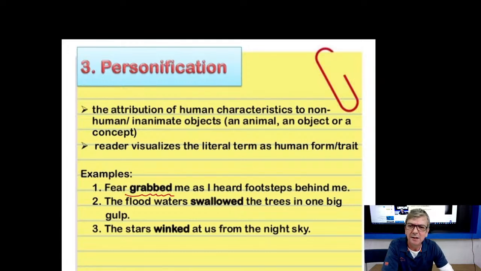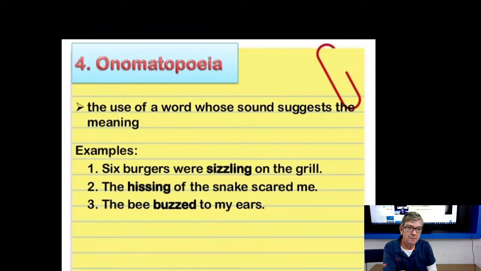So if you imagine a dark night and then a storm coming in, and you can see the lightning dancing away. So this is personification. This is when you give human traits to non-human things. Okay, that's number three.